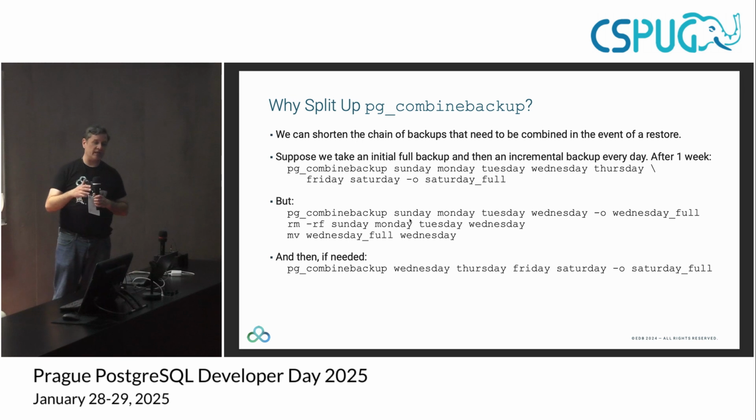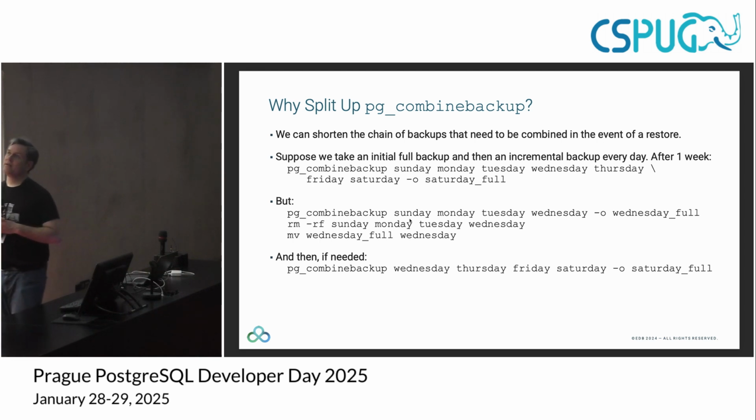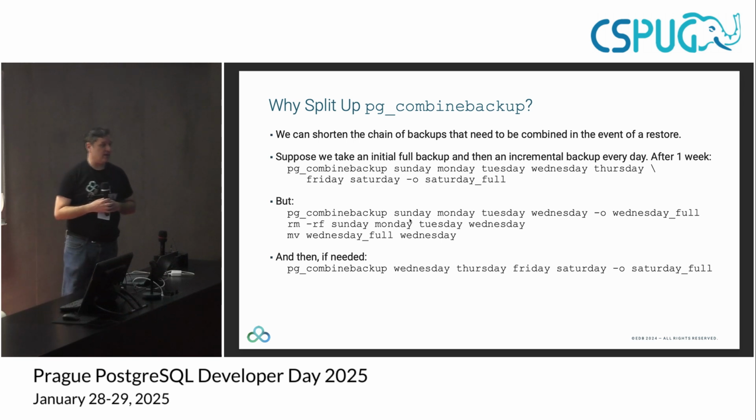So let me just combine Sunday, Monday, Tuesday, Wednesday into a Wednesday full, remove all of the input directories, move the Wednesday full directory to Wednesday, and now instead of Sunday being the full backup that starts the chain, Wednesday is the full backup that starts the chain. So now if I do end up needing to restore Saturday's backup at some later time, I only have to include 4 backups in my chain rather than all 7. That is potentially quite advantageous.